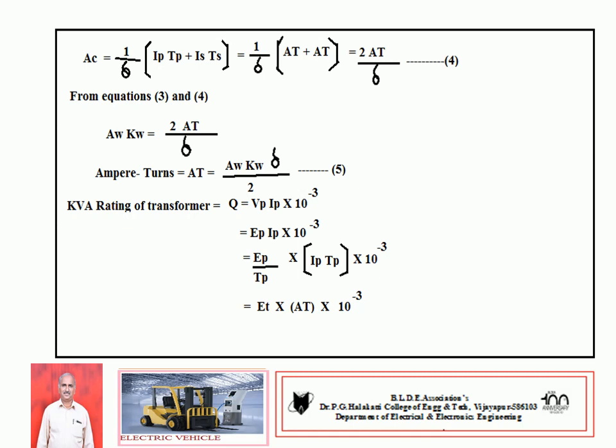Vp is also equal to Ep, so Ep into Ip into 10 to the power of minus 3. So I rewrite the above equation as Ep by Tp into Ip into Tp into 10 to the power of minus 3, because now Tp cancels and the equation remains the same. Ep by Tp is volts per turn, that is Et. Ip into Tp is ampere turns.